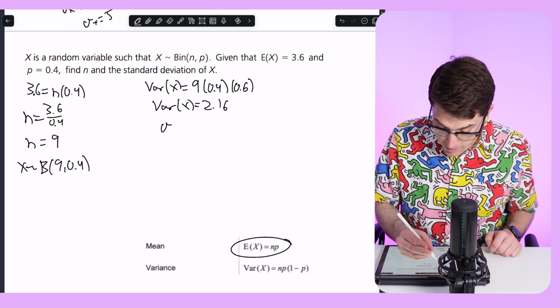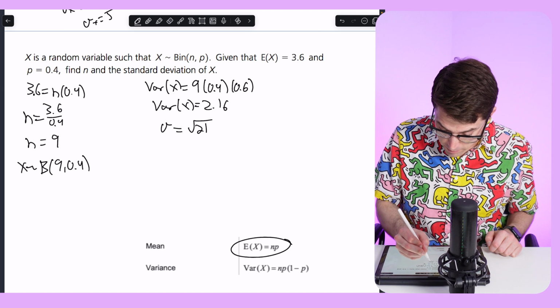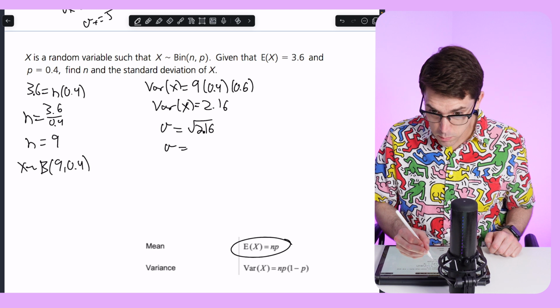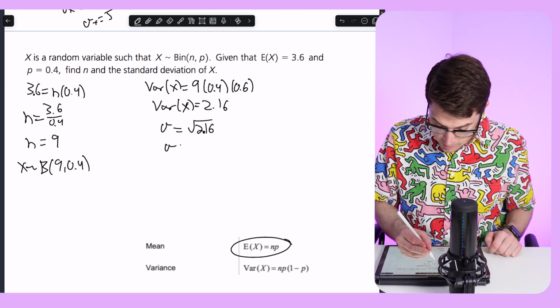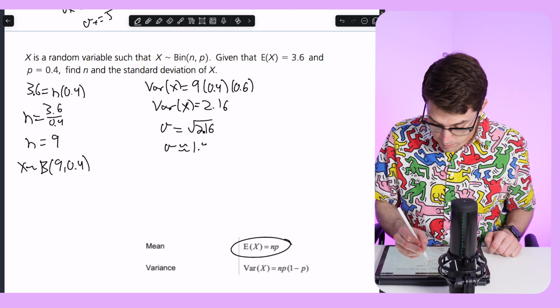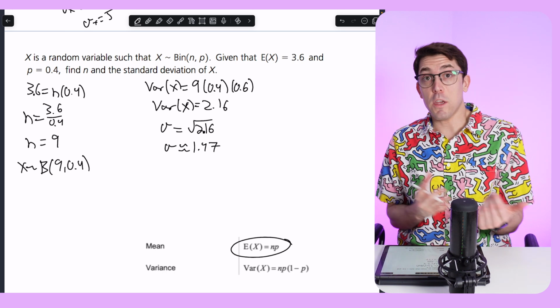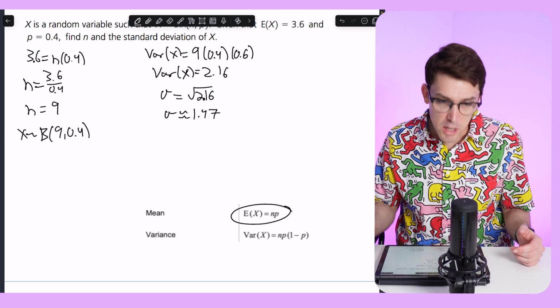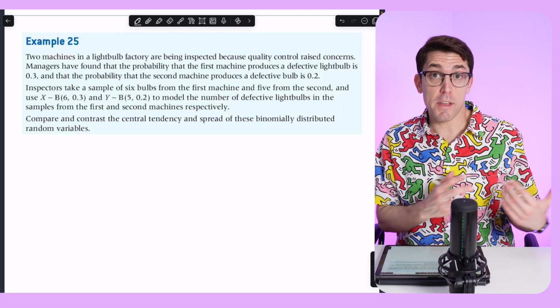And again, my standard deviation is equal to the root of my variance, so the root of 2.16. So my standard deviation is going to be about 1.47. Okay, so that's another way that you can use this if perhaps the information is on one side of the equal sign or the other.